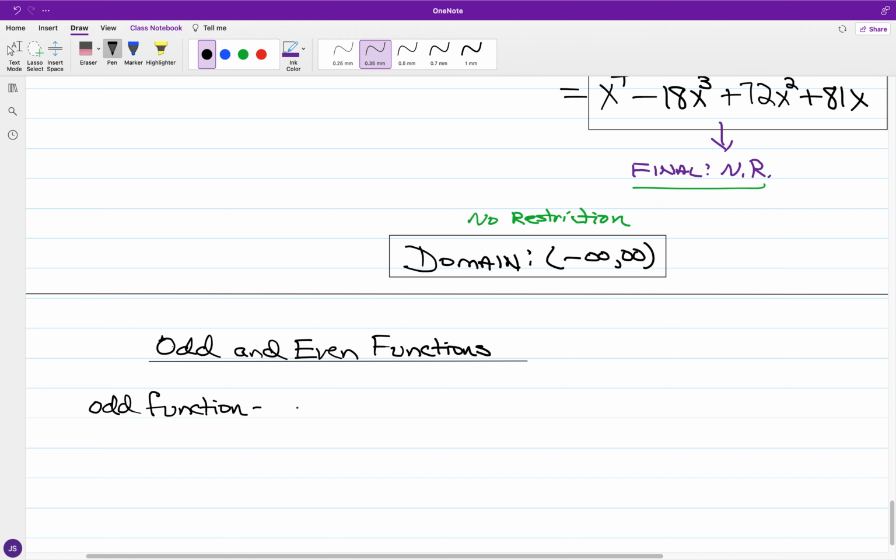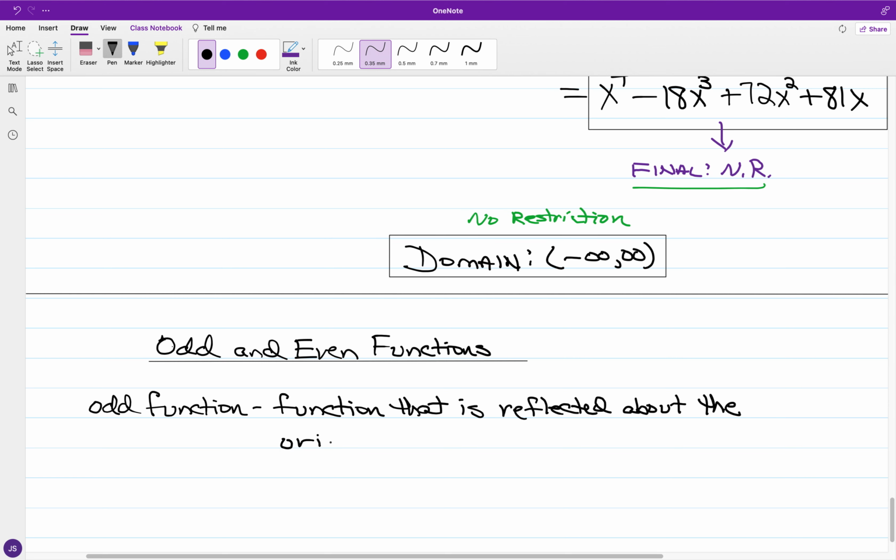an odd function is going to be a function that has symmetry or is reflected about the origin, that is, where x is 0 and y is 0.